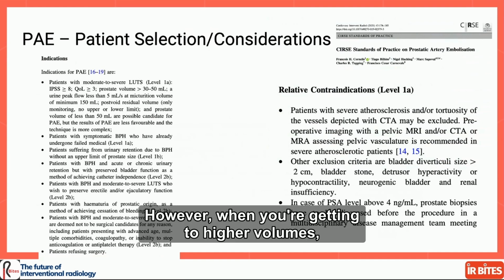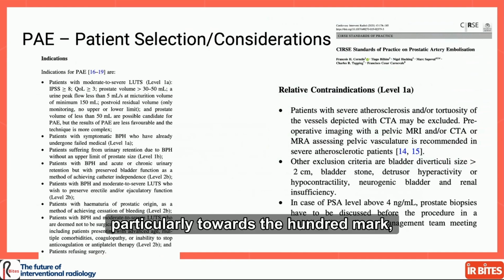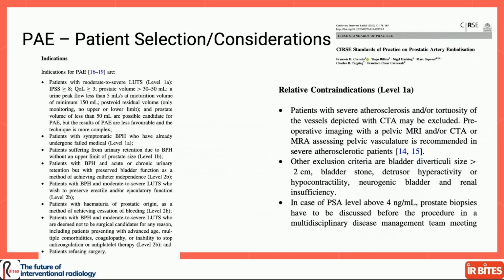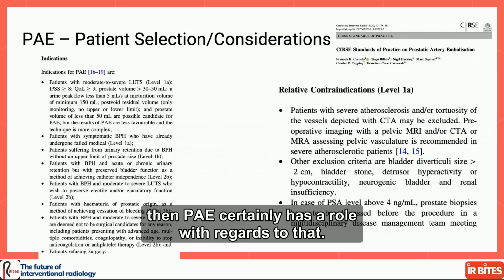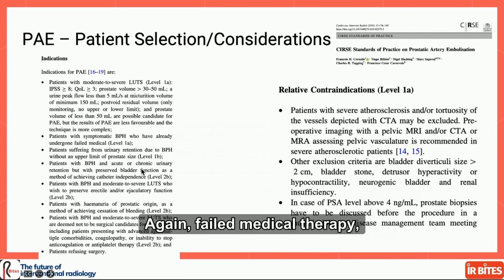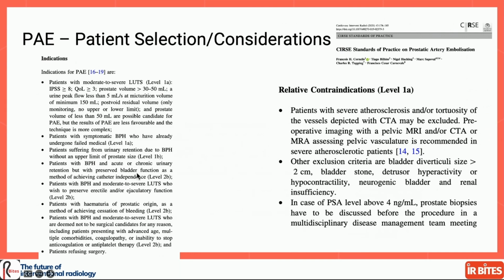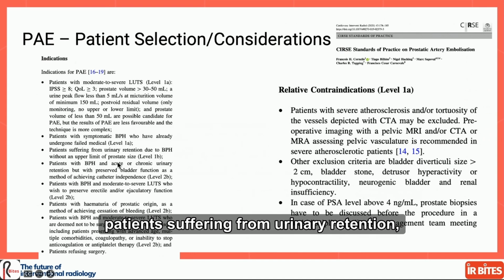However, when you're going to higher volumes, particularly towards the 100 mark, then PAE certainly has a role. Again, failed medical therapy, when patients are suffering from urine retention, or they're dependent on catheters, and patients ultimately refusing surgery.